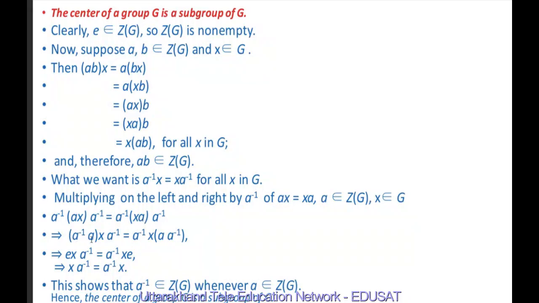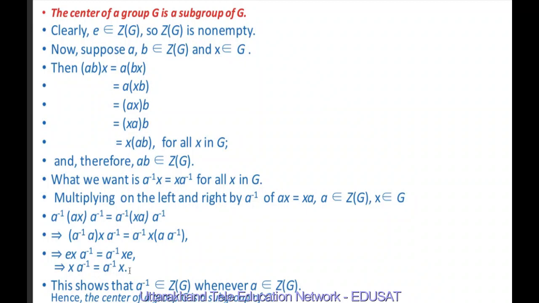But A inverse A is the identity element because A is also an element of G. So A inverse A is equal to the identity element E. So we get E into X into A inverse equals A inverse X into E. And E into X is X, and X into E is X. So we are left with X A inverse equal to A inverse X.